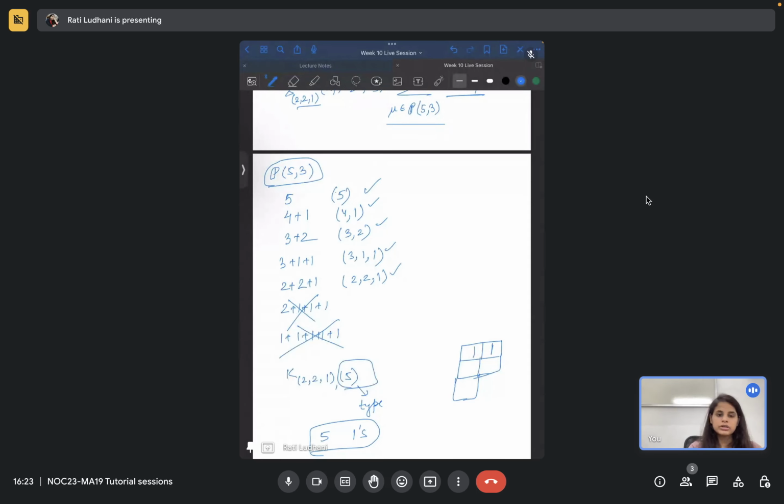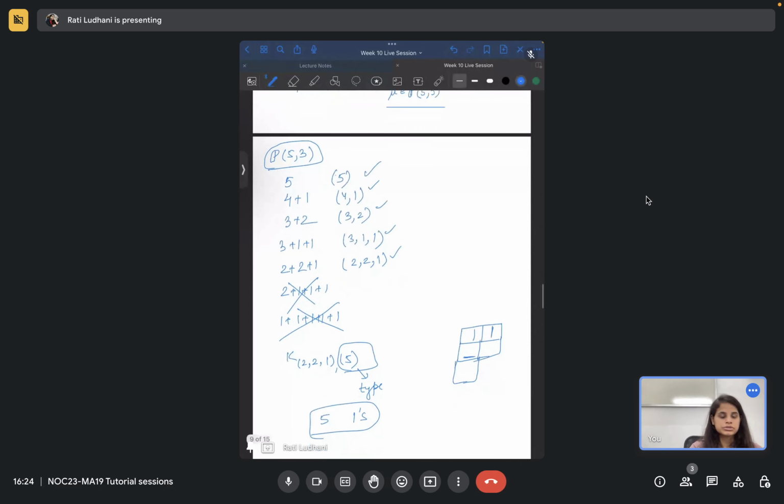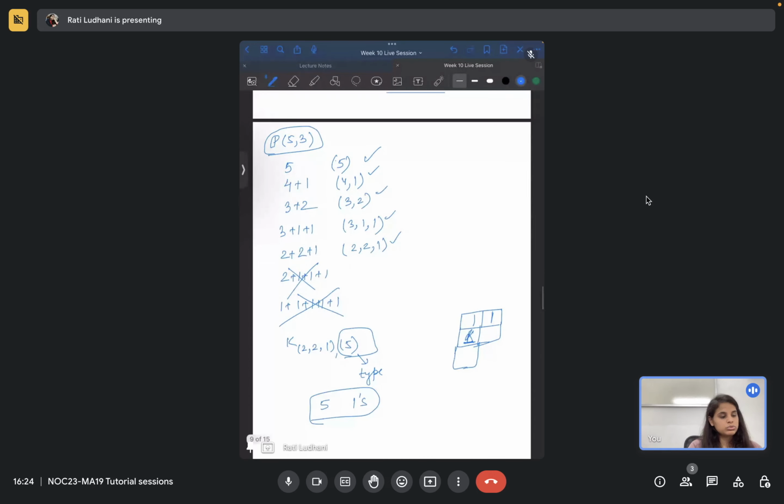Can you have 1 at the next position? No. So you cannot go beyond that. So this value K 2 2 1 comma 5 will be 0.